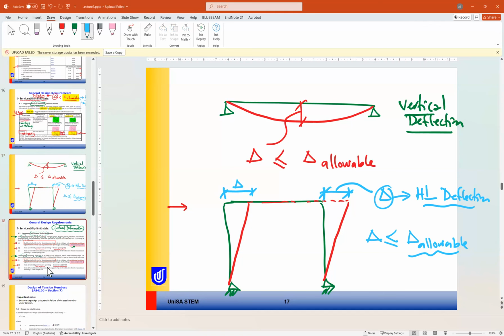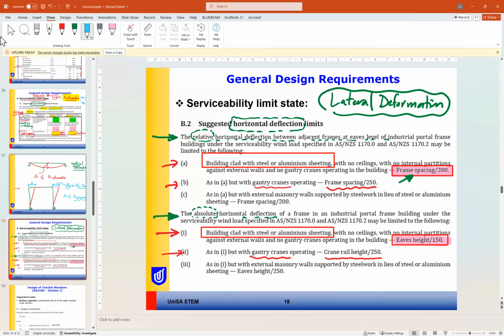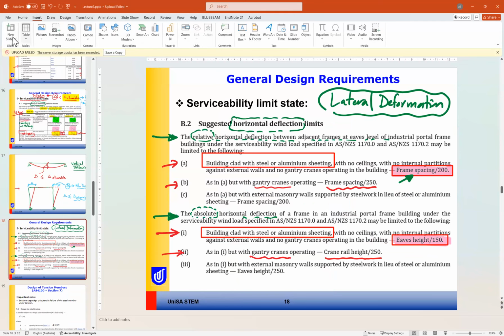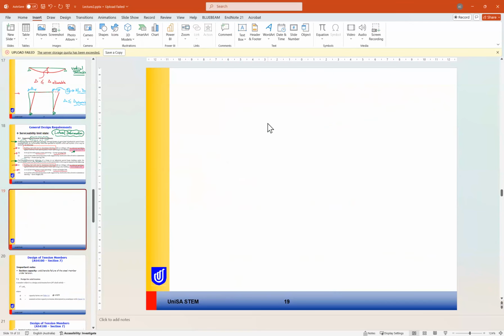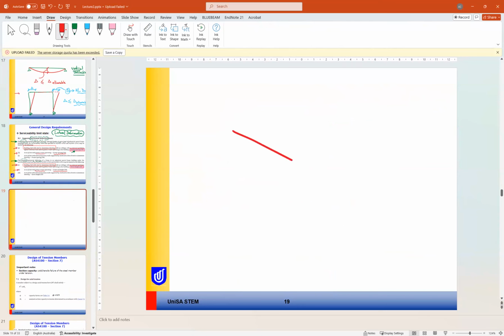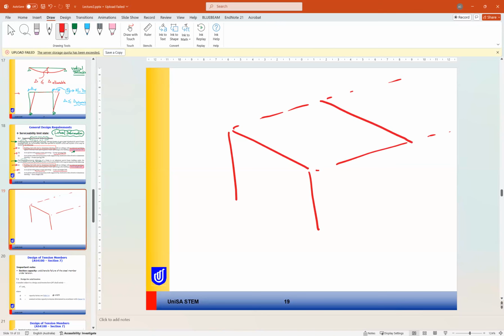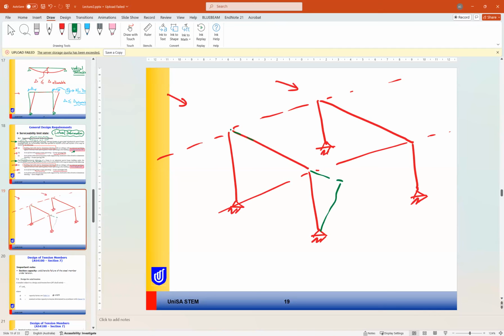Okay. So if we want to explain that, if we have some frames like that, let's talk about these two frames. If we have lateral forces in this direction, these frames can move horizontally like this.